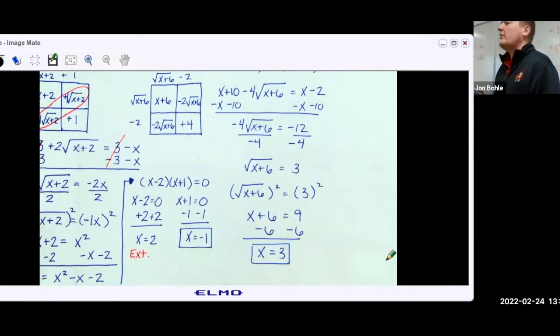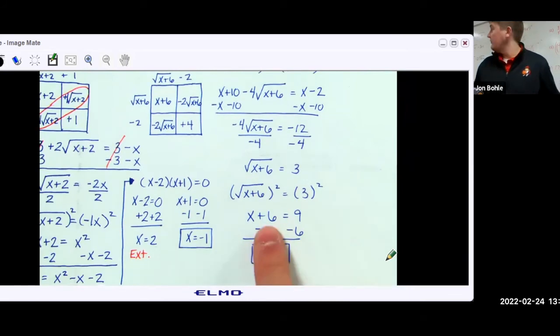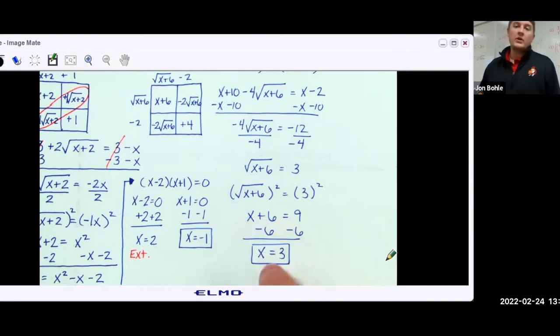I never end up squaring a variable. Therefore, I never get an x squared or an x to the third or an x to the fourth. So when I reduce it down, I reduce it down to x to the first power. My highest degree is 1. I'm going to get one answer. Yeah, that's why.